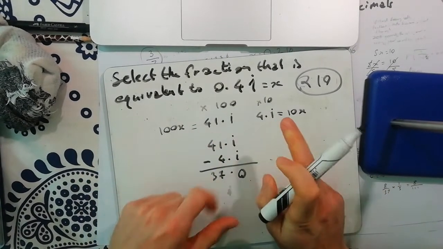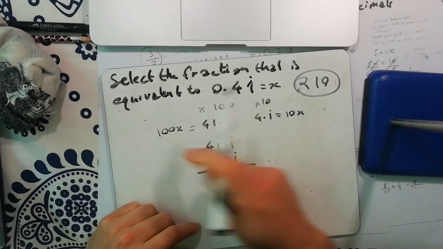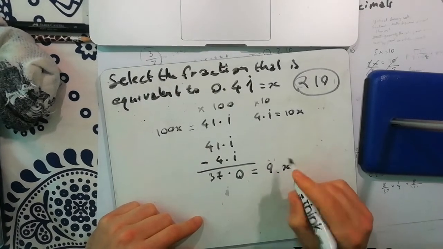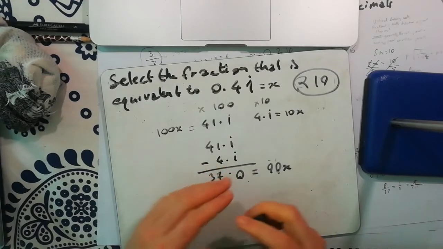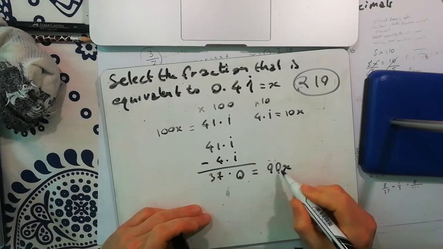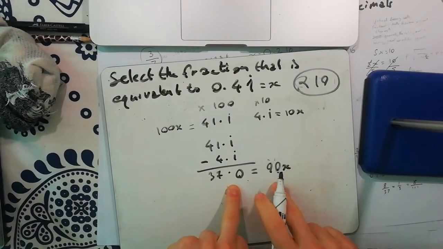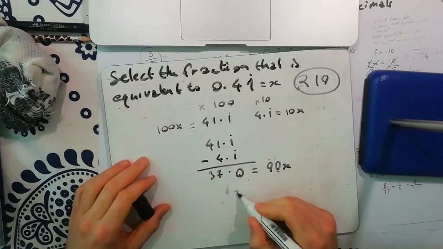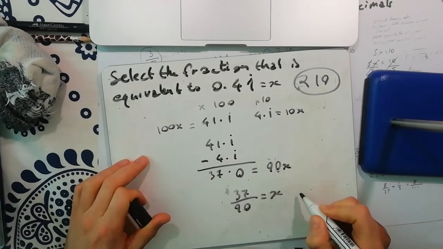So if we subtract this from this, we're taking 10x away from 100x, and that means that at the end we're going to get 90x. So what we want is to get x by itself. You remember what we have to do on both sides. We've got to divide by 90 on both sides. So 37 over 90 equals x.